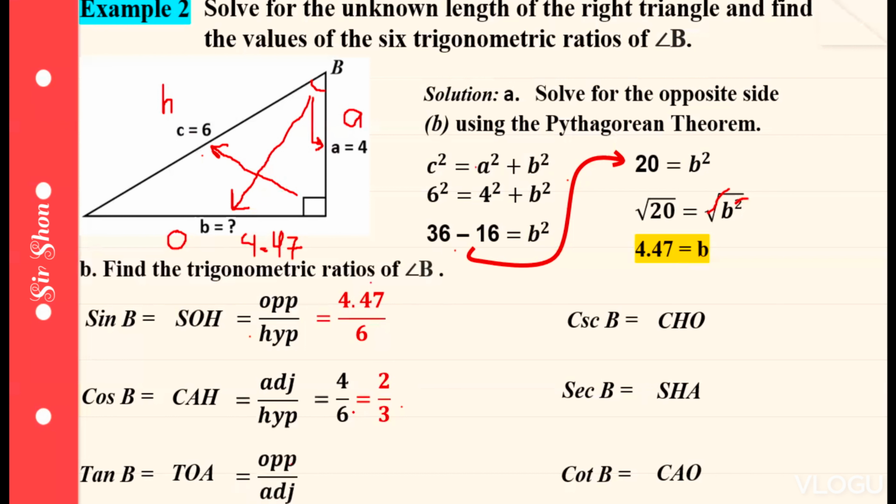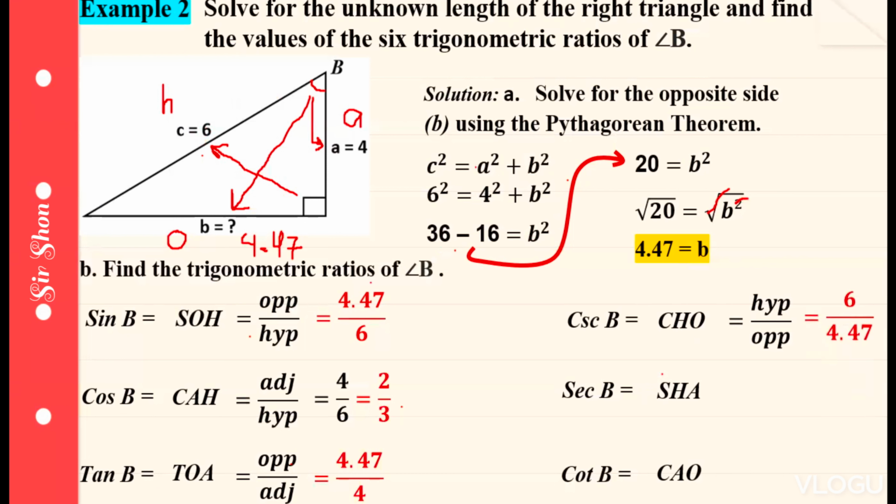And for tangent B, we use the formula opposite divided by adjacent. Our opposite side is 4.47 and our adjacent side is 4. Therefore, the value of tangent B is 4.47 over 4. And for cosecant, we have the formula cho, or cosecant equals hypotenuse divided by opposite. Our hypotenuse is 6 and our opposite is 4.47.